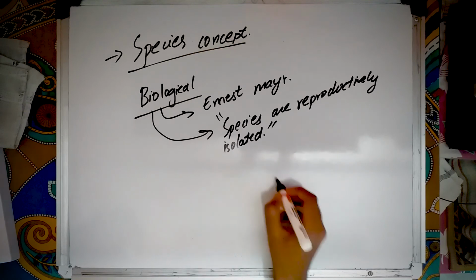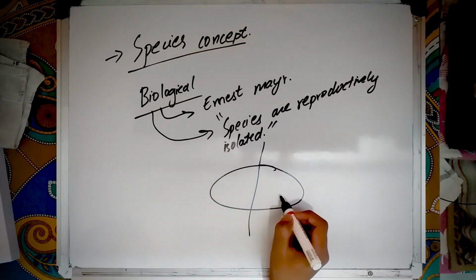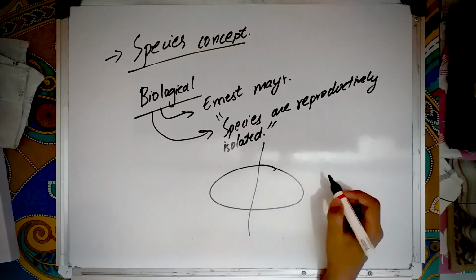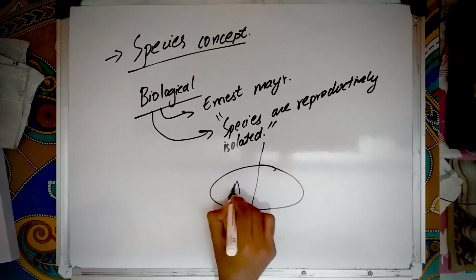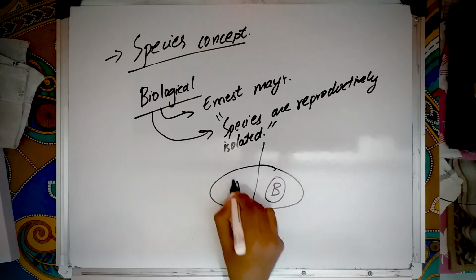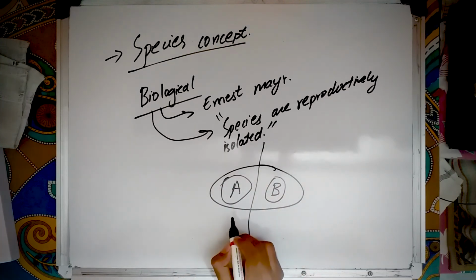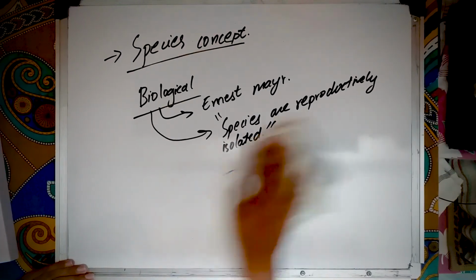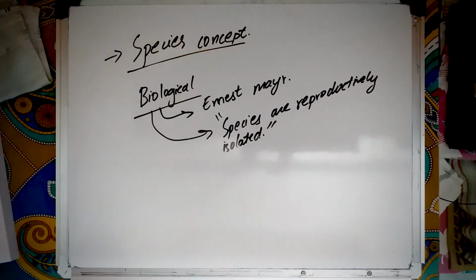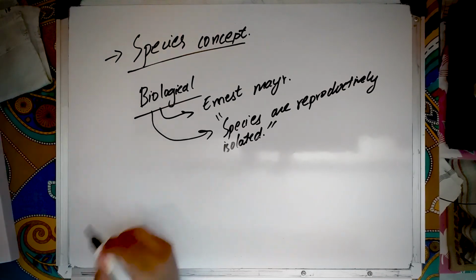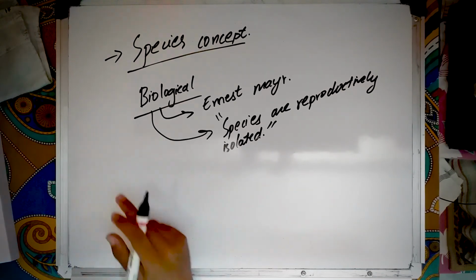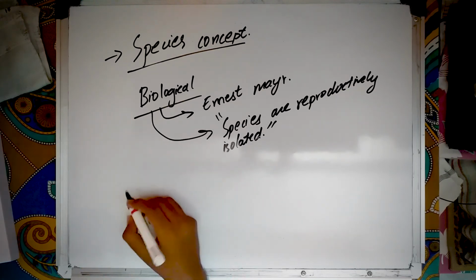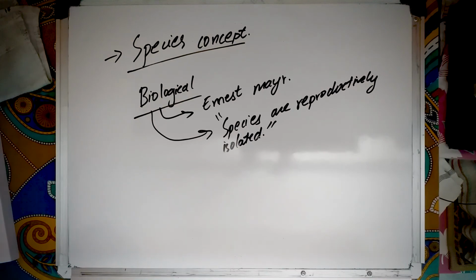For example, these two organisms of the same species are not reproductively isolated, and after a long evolutionary time, this becomes a new species and this becomes a new species. This may arise due to reproductive isolation, or geographical isolation as well. Another species concept was given by Linnaeus, the morphological species concept, and he wrote all about that in his book Systema Naturae. I'll write about it later.